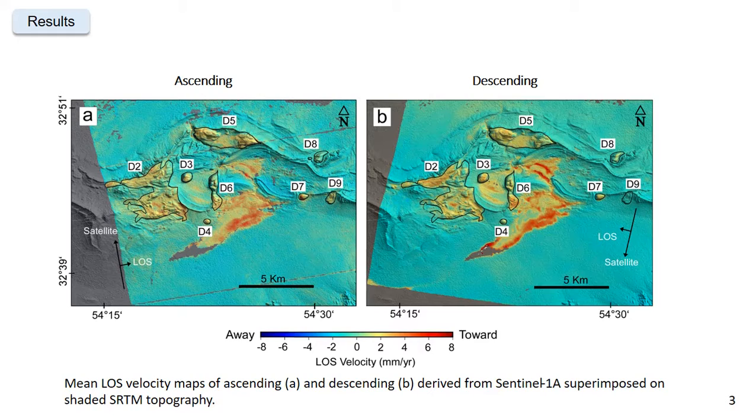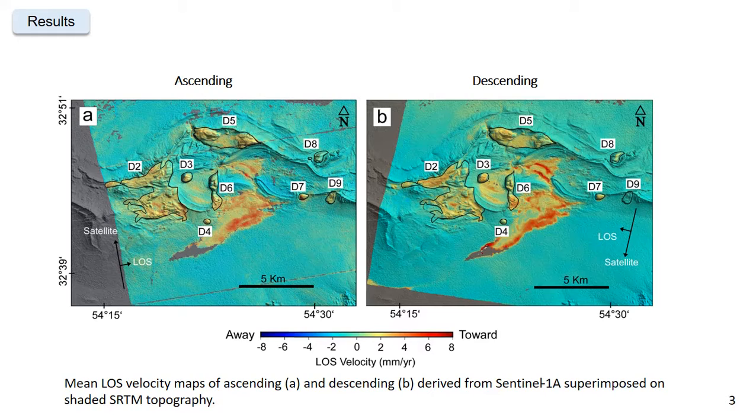This result shows the mean velocity map in millimeters per year of the Kalut basin along the line of sight direction. According to the color bar, red color corresponds to motion toward the satellite and blue color corresponds to motion away from the satellite.